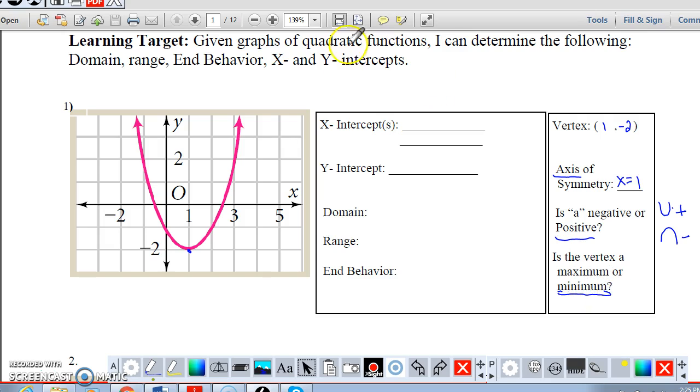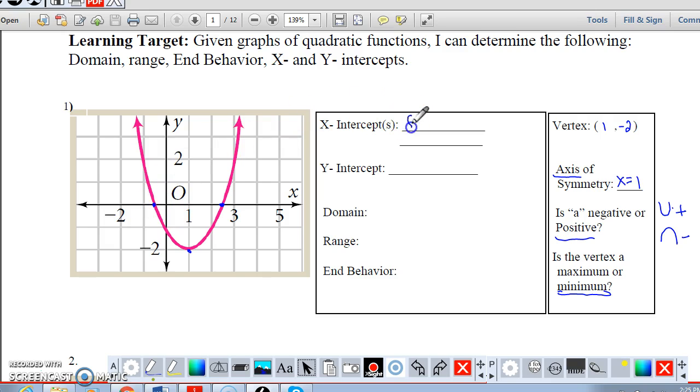Now let's go to our x-intercepts and y-intercepts. Let's locate the x-intercepts. The pink line here is your graph, and this is your x-axis. This is the point of intersection, and on the other side, this is the other point of intersection. Let's locate this. This is negative 1, but this is halfway, so this is negative 1 half.